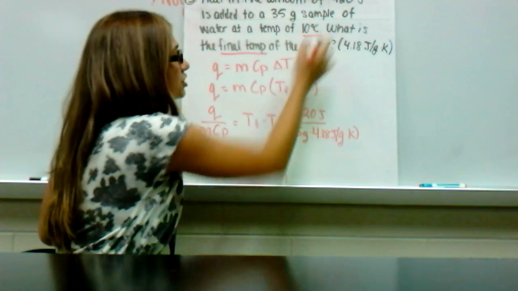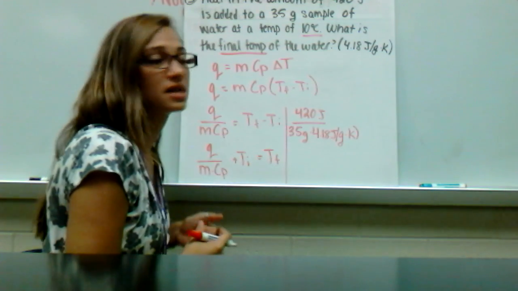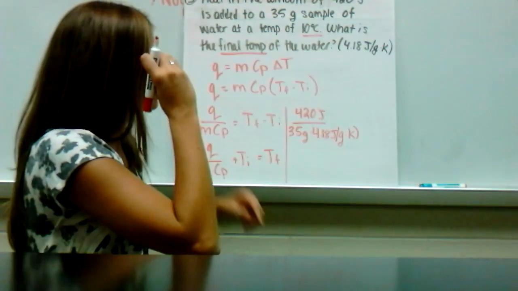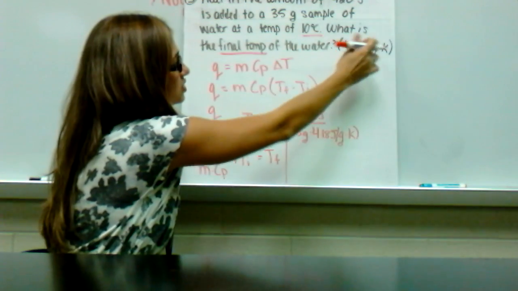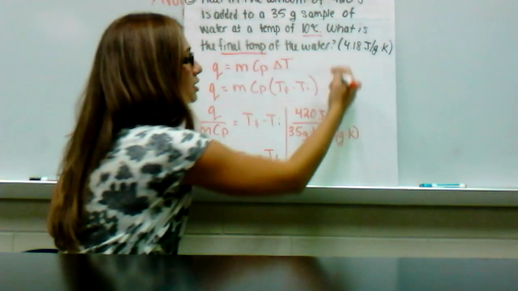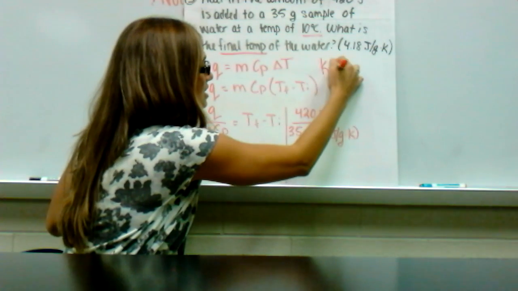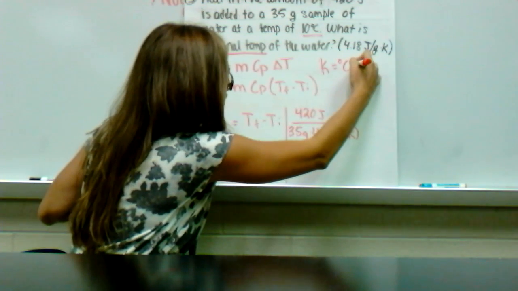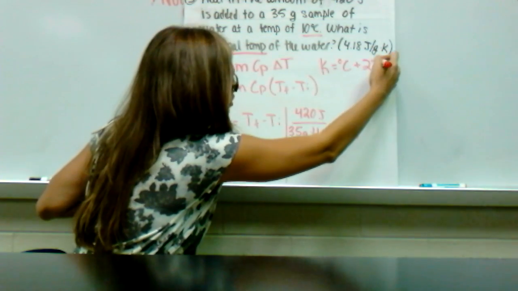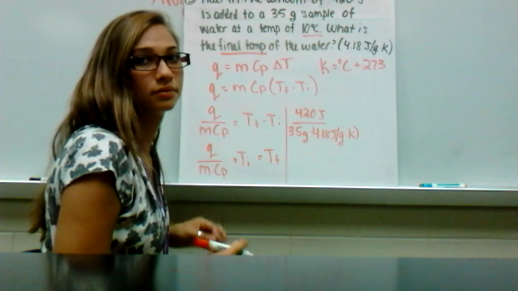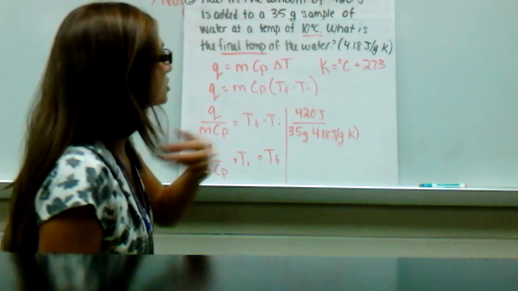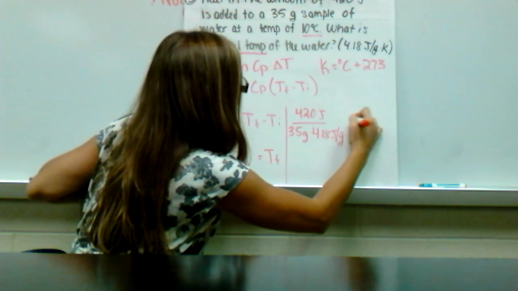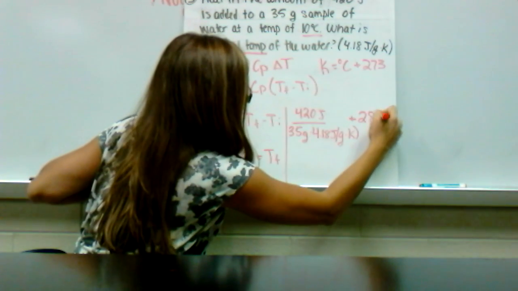If you notice though, our initial temperature is given to us in degrees Celsius, but our specific heat is in Kelvin. The way that we're going to go back and forth between degrees Celsius and Kelvin, Kelvin is equal to degrees Celsius plus 273. So if we add 273 to 10, we are going to get 283.